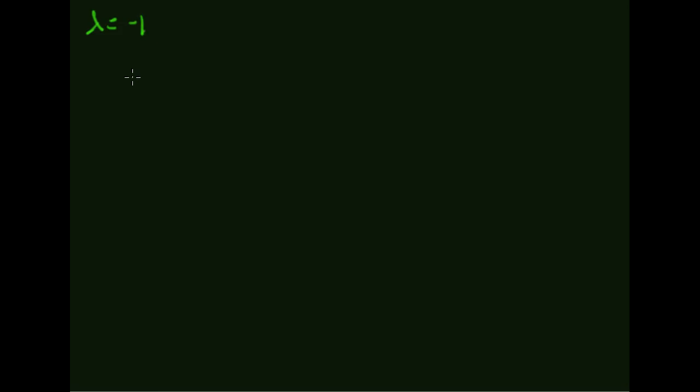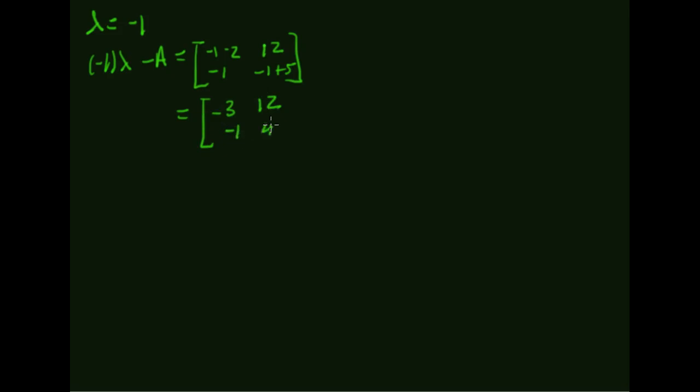Then -1 times I minus A is going to be -1 minus 2, -1, 12, -1 plus 5, which works out to be -3, 12, -1, 4. Now note, eigenvectors are things that solve the equation lambda I minus A times x equals 0.